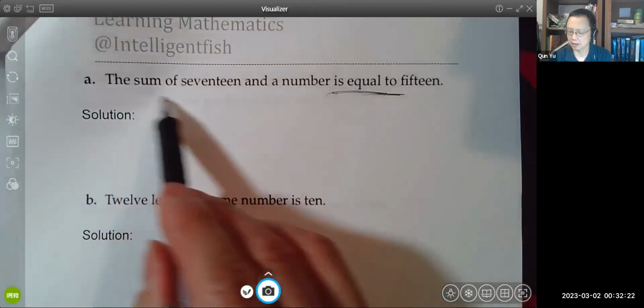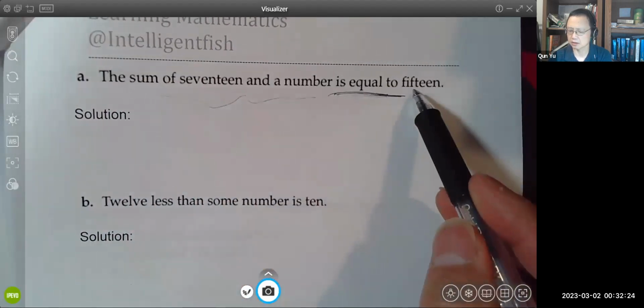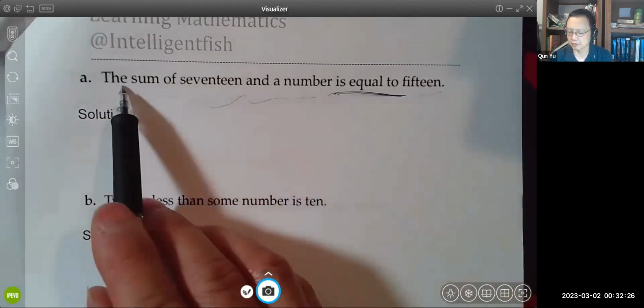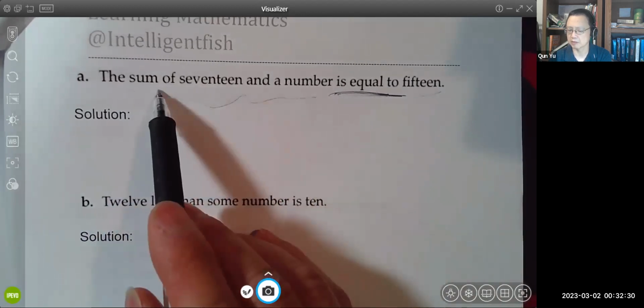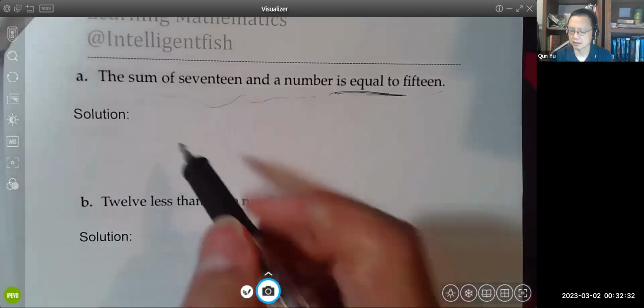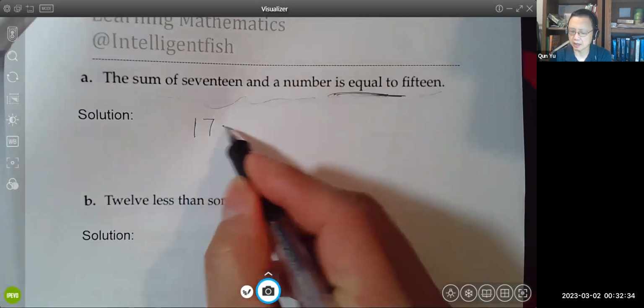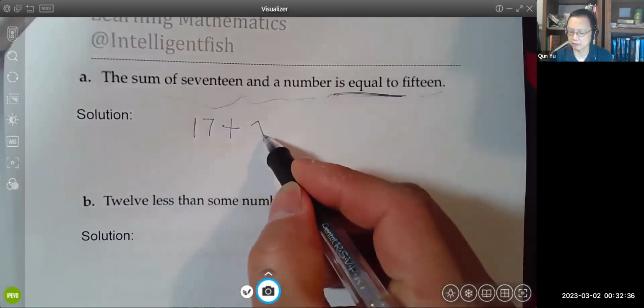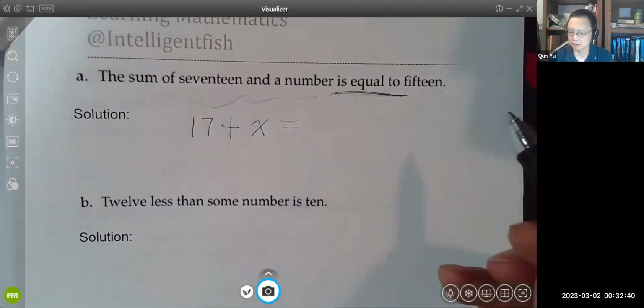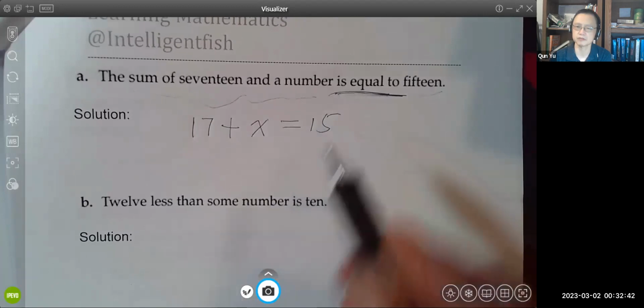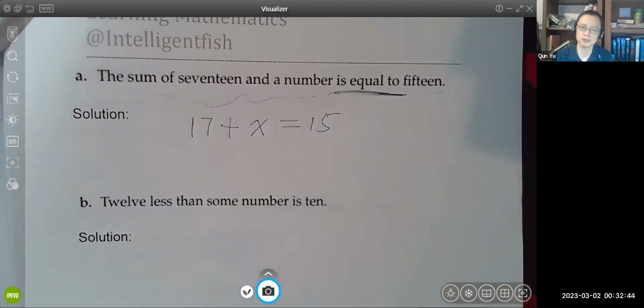So this part equals 15. So what is this part? The sum of 17 and the number. Sum is the result of addition, right? Sum of 17 and a number we don't know, we use a variable to represent that. And this sum equals 15. So we translate this description, this sentence, into an equation in a very natural way.